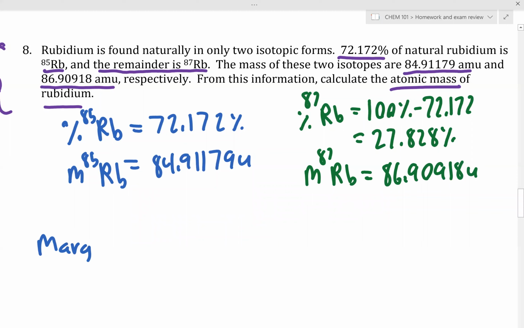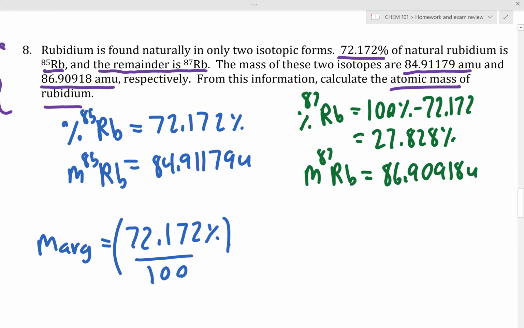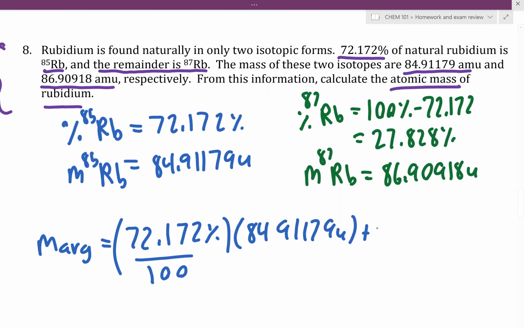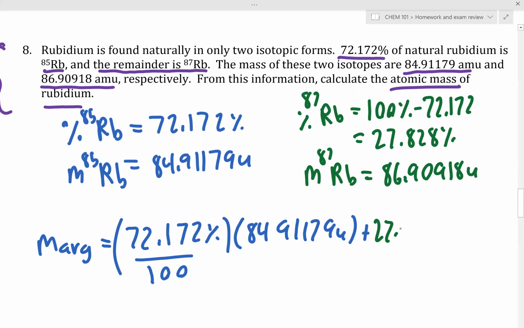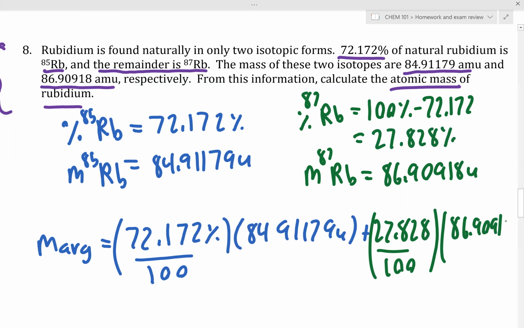The average atomic mass is equal to the percentage of isotope 1, which is 72.172%, divided by 100 times 84.91179 AMU, plus the percentage of isotope 2, which is 27.828 over 100, times 86.90918 AMU.